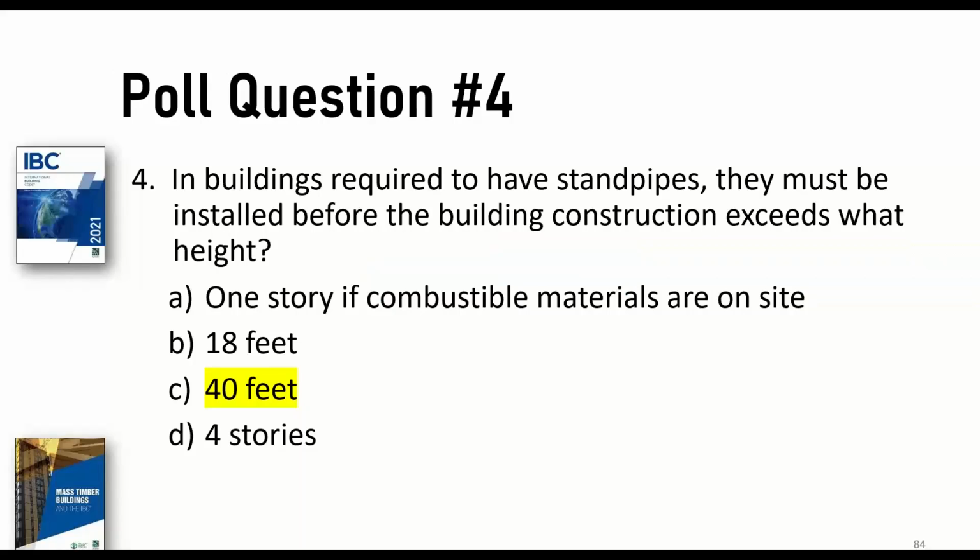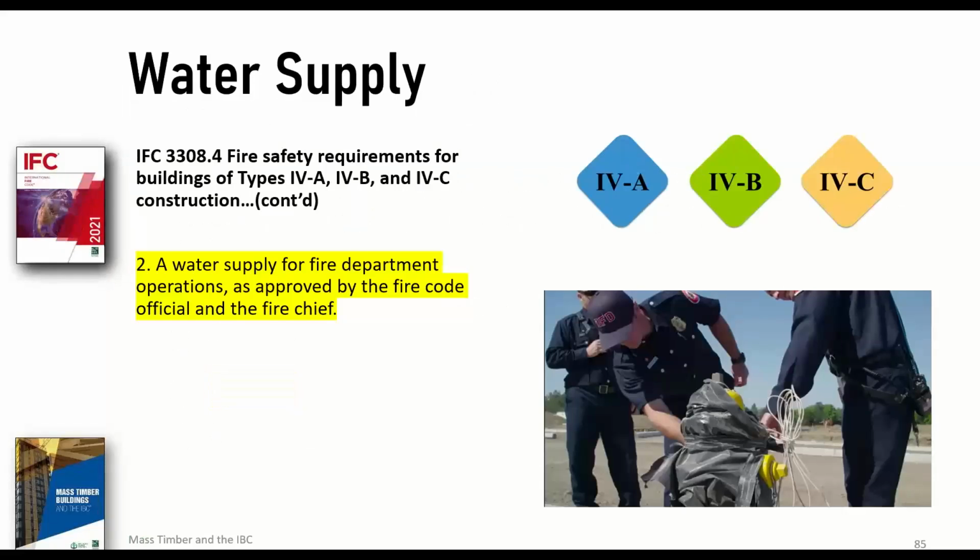So once you hit 40 feet, you need to have a standpipe that goes up with the building. And remember, just to repeat it, it has to be one floor below the floor of active construction and go up as the building goes up.